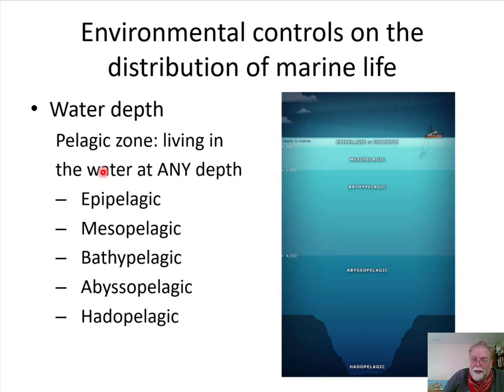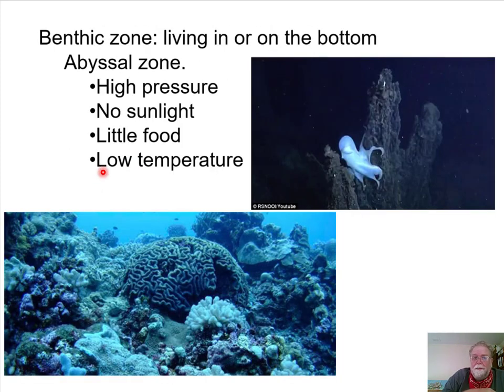Anything living on or in the bottom is in the benthic zone, right? And that's a word we heard just a few minutes ago when we talked about the benthic or benthos ecological community. Same word. It's just now we're referring to an environment, and that's the benthic zone.